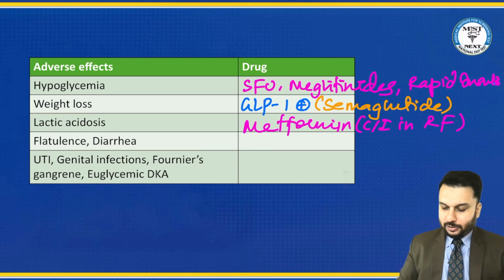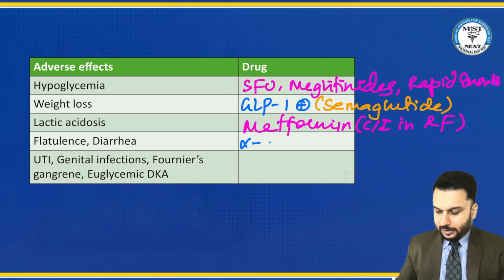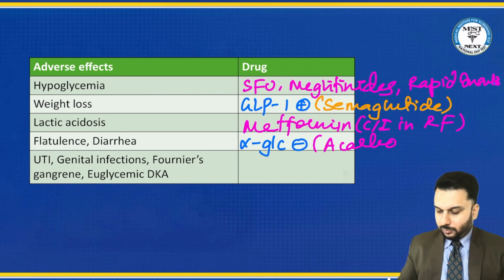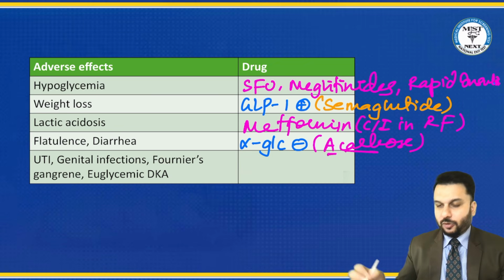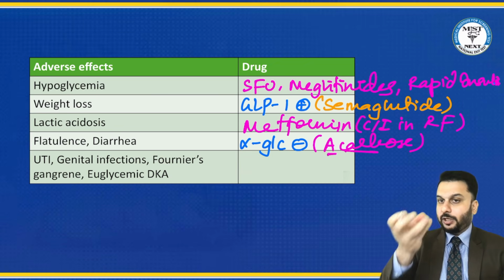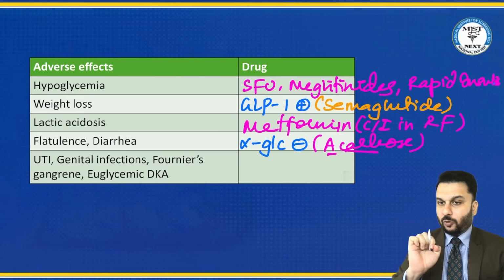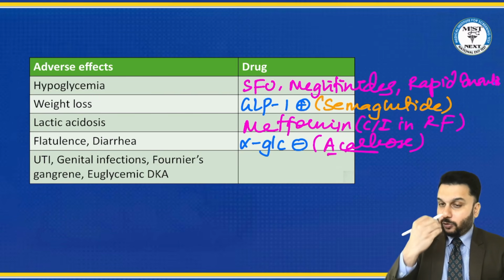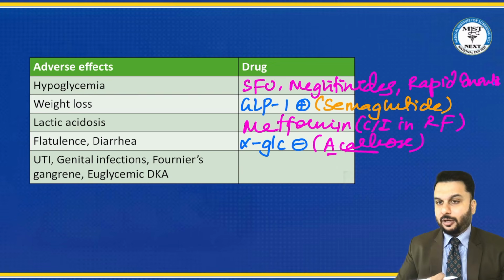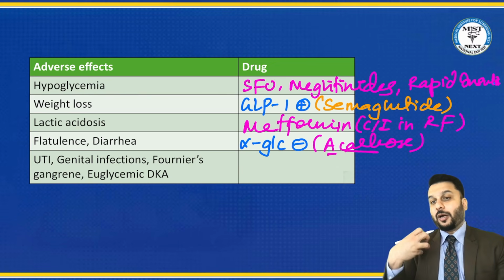Flatulence, diarrhea, etc. That is by the drugs called alpha glucosidase inhibitors. Example, acarbose, absence of carbs. So when you take this medicine called alpha glucosidase inhibitors, when you eat something, what will happen now? That glucose will not get absorbed.